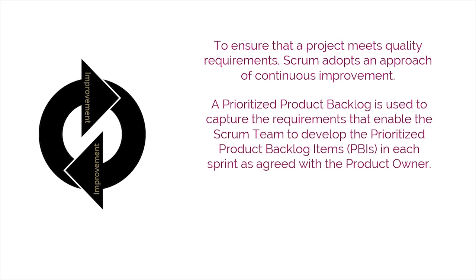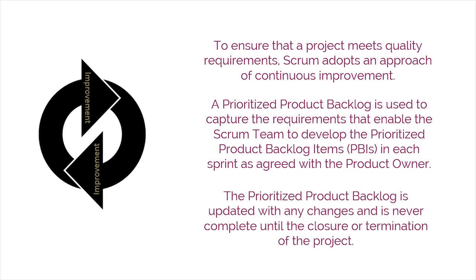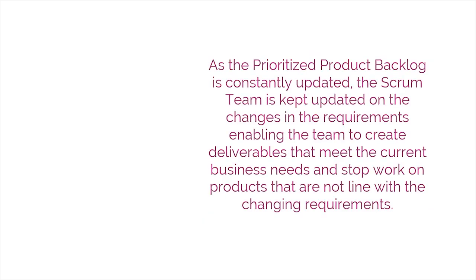A prioritized product backlog is used to capture the requirements that enable the Scrum team to develop the prioritized product backlog items, PBIs, in each sprint as agreed with the product owner. The prioritized product backlog is updated with any changes in requirements and is never considered complete until the closure or termination of the project.